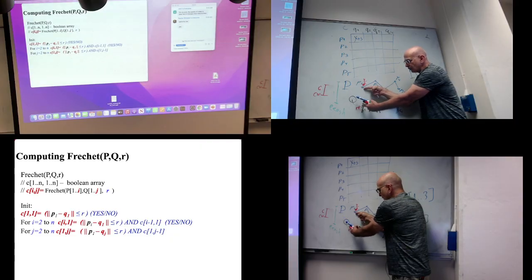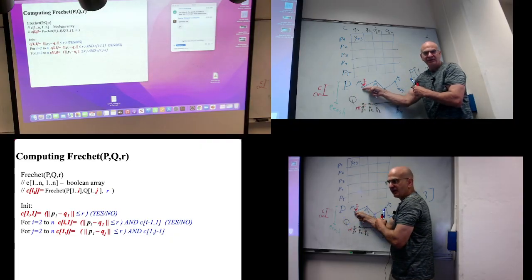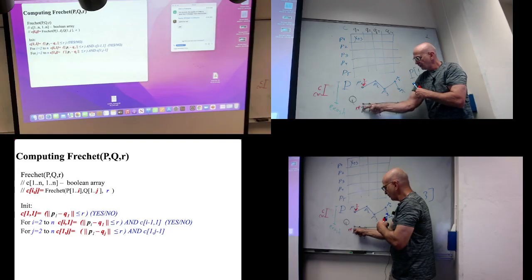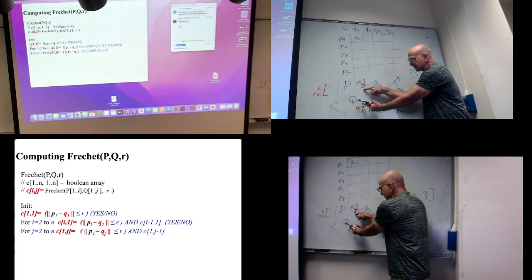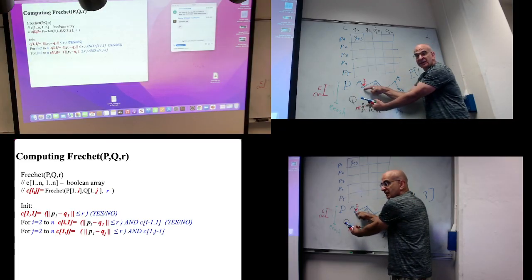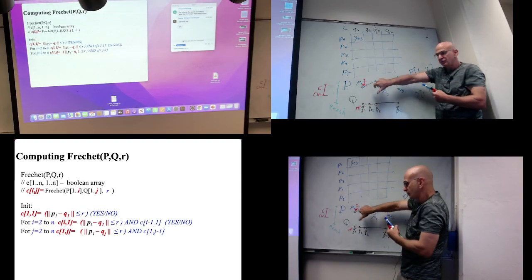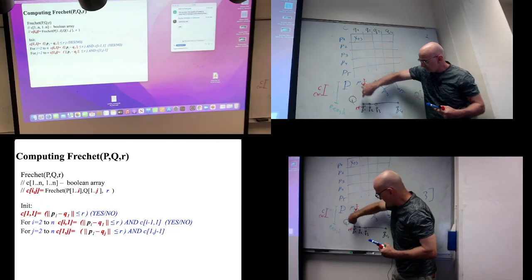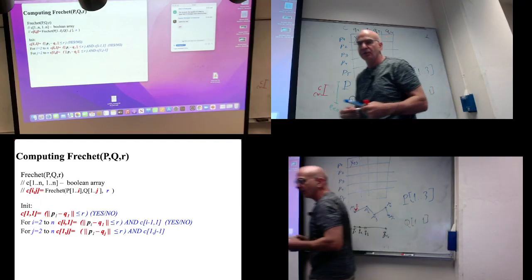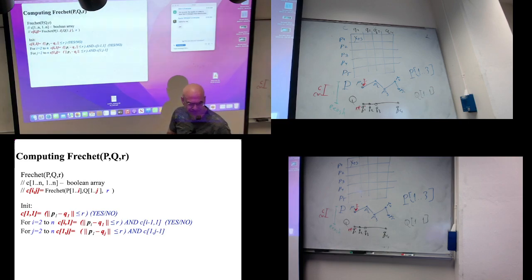If even when the person is on its first vertex and the dog is on its first vertex the distance is already larger than 6 centimeters, then there is no point in asking for other cells. Definitely you cannot do the whole trip if even at the starting point the distance is already larger than R.